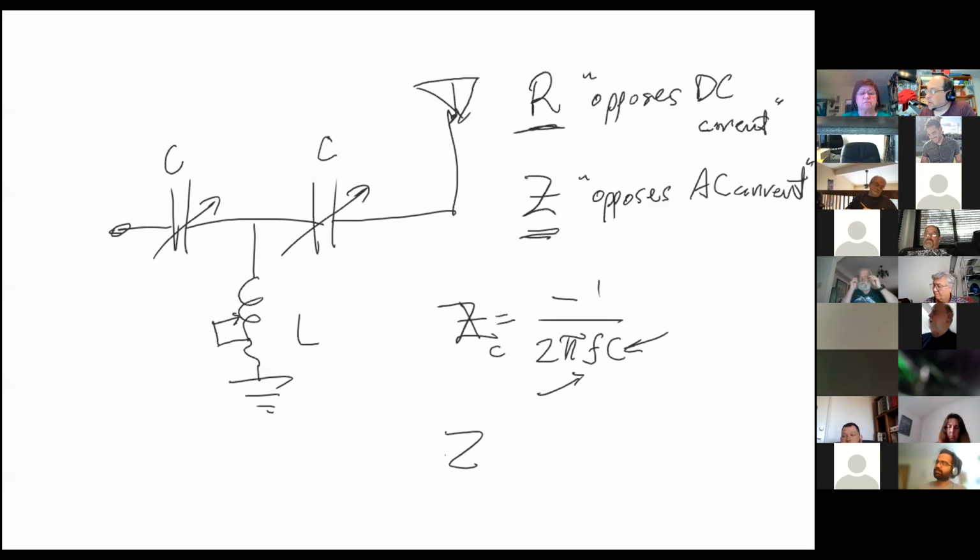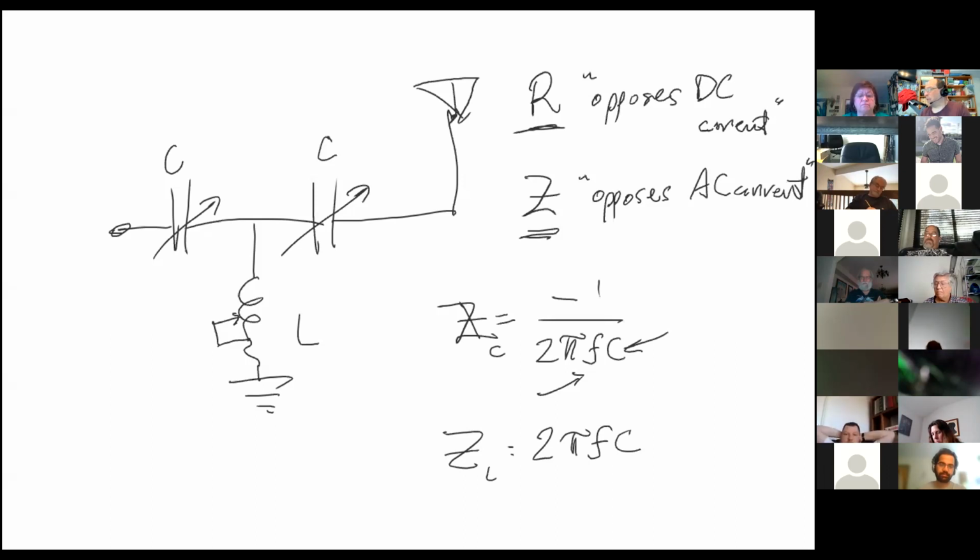Then we also have an inductor. The impedance of an inductor is 2 pi times, what's that little letter F? Frequency. And this should be an L, where L is the inductance. So what does that mean for us, in practical terms?